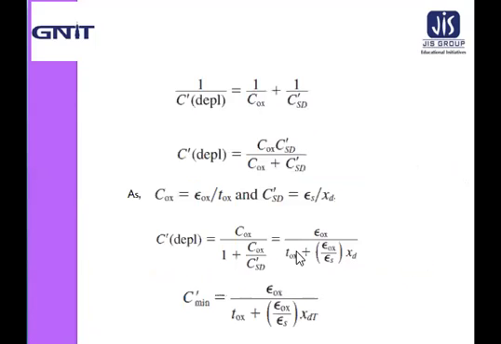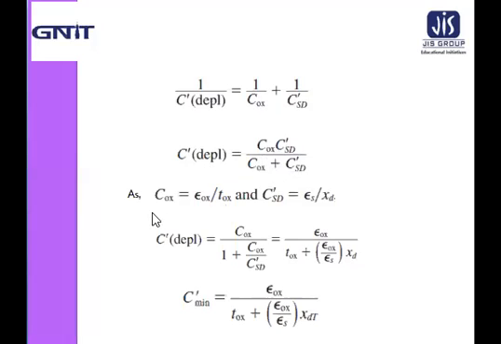The total capacitance of this series combination for this depletion mode is 1 by C prime depletion equal to 1 by COX plus 1 by C prime SD, where COX and C prime SD is the space charge capacitance, so C prime depletion equals COX C prime SD by COX plus C prime SD.